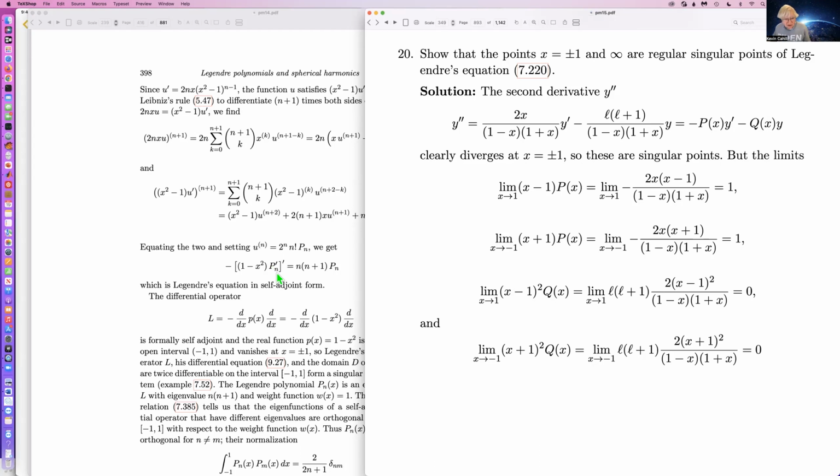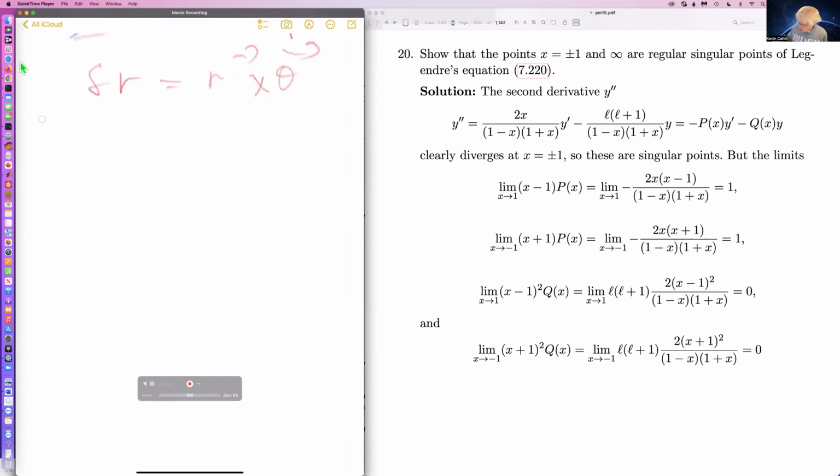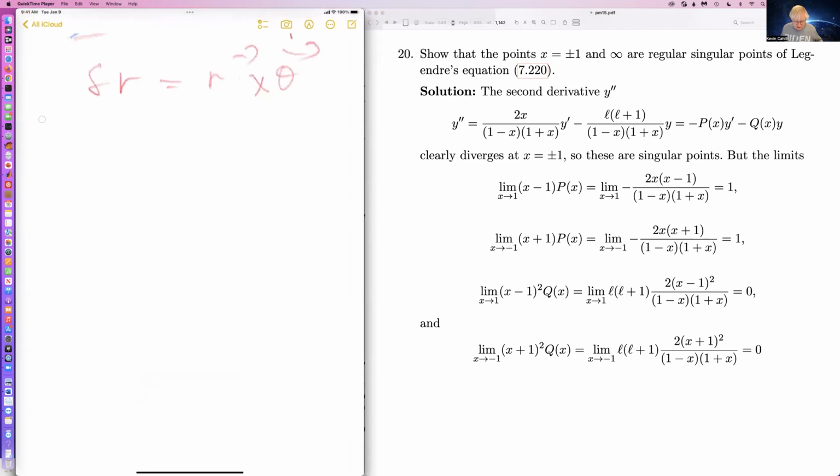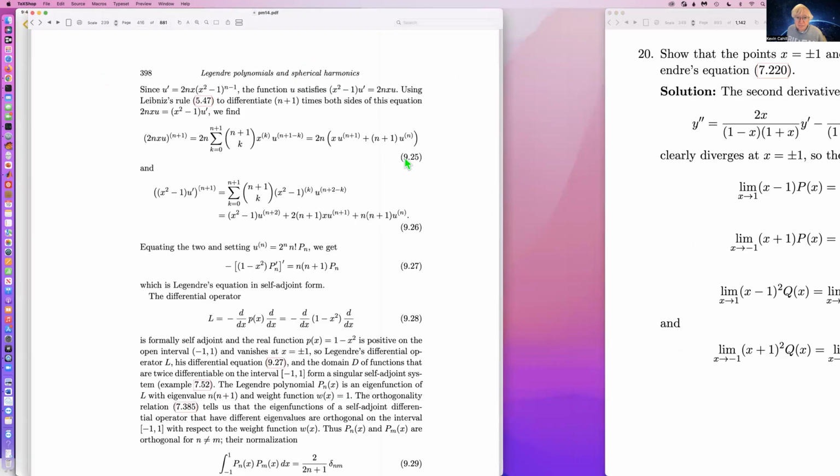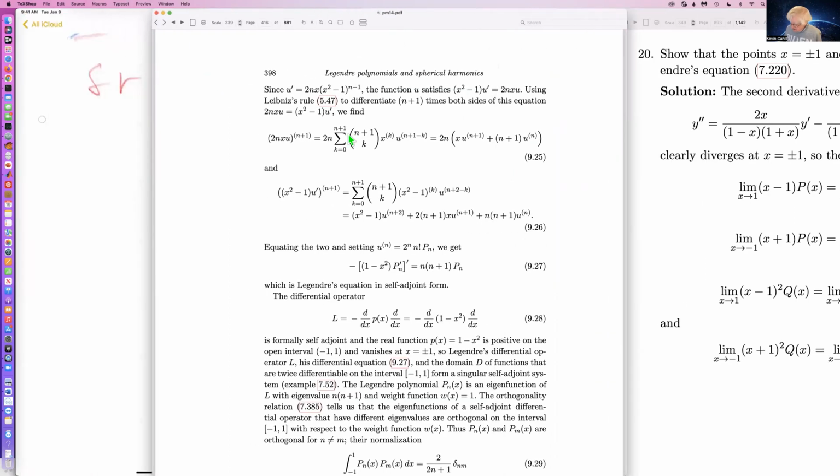In other words, this equation is minus (1 minus x squared) P_n prime, prime, is equal to n(n plus 1) P_n.